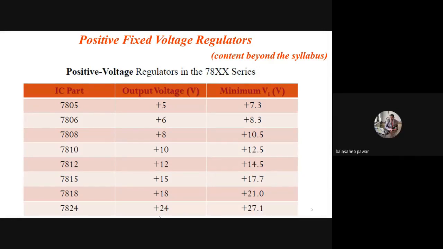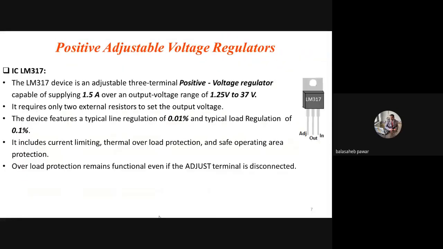Go ahead, sir. Okay. Now I will switch to the next regulator IC, the positive adjustable voltage regulator, and this is from our actual syllabus. As I already mentioned and highlighted in the previous slide, it is a positive adjustable regulator. Its output voltage, we know, can be adjusted between 1.25 volts and 37 volts.